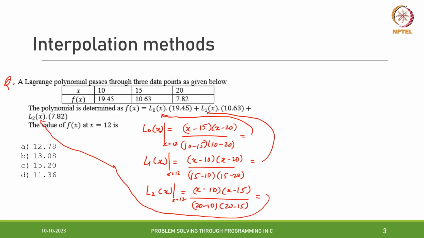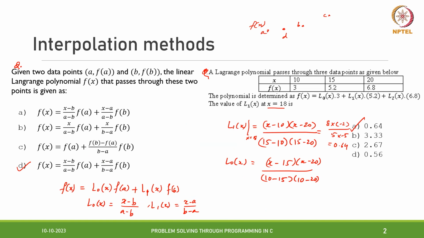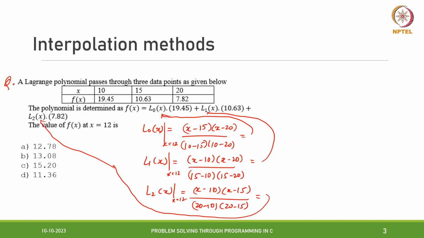Here there were 2 points in question number 1. On this page there are only 2 points that we had, so the equation was something like this. But when we have multiple data points, the equation will not be this. L0 is concerned with x equals 10, right?